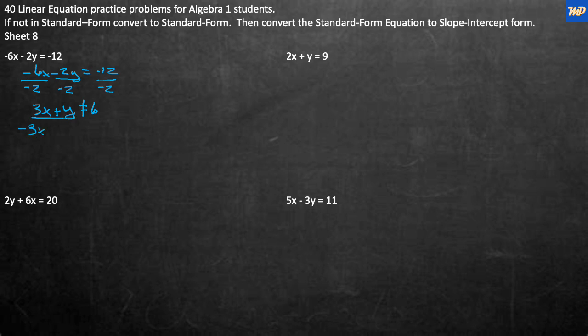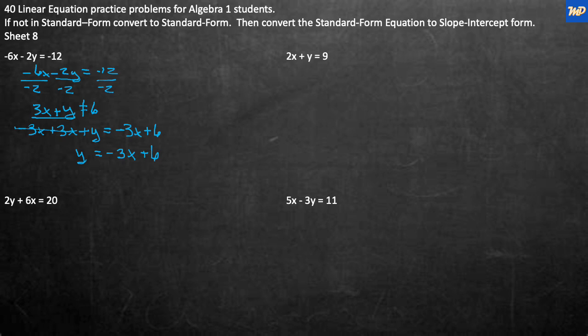Add in this entire side, positive 3x plus y equals negative 3x first, negative 3x plus 6. Get rid of the 3x's, and we have y is equal to negative 3x plus 6. Case closed. Problem finished.